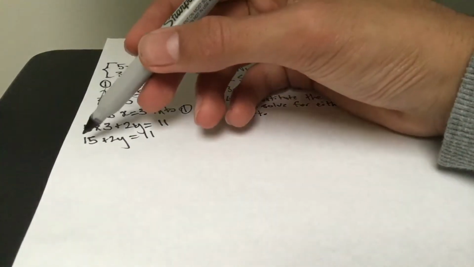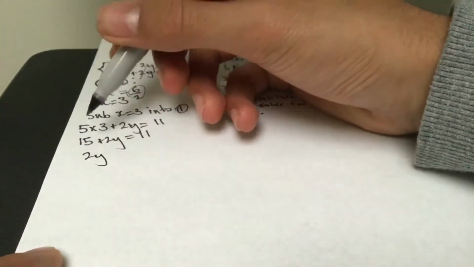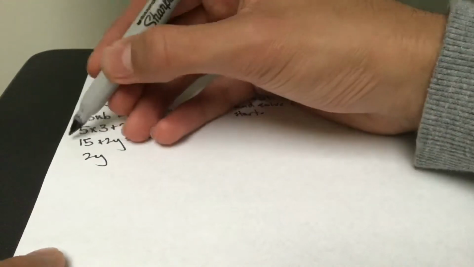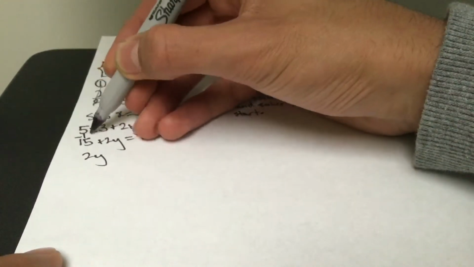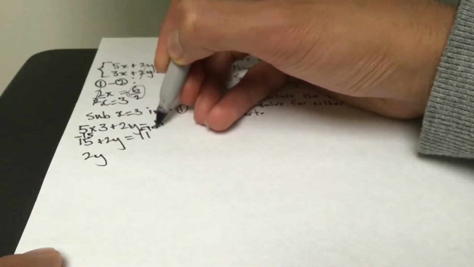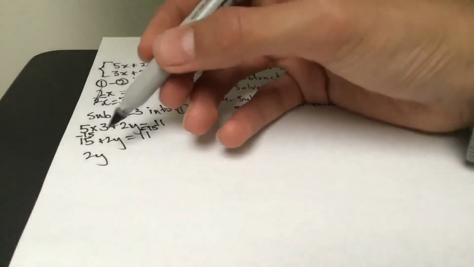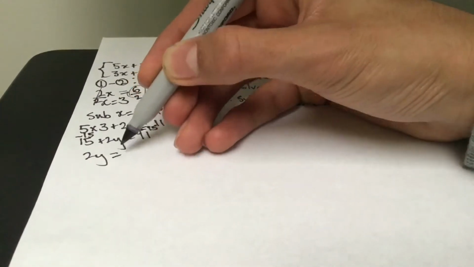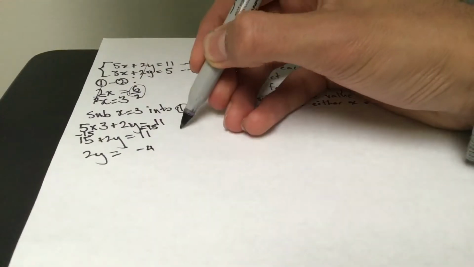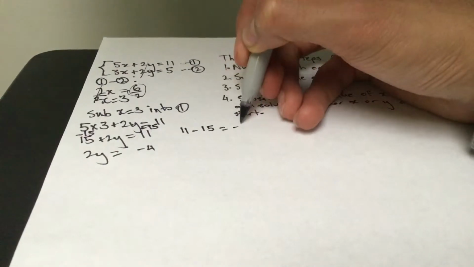So now we need to bring 15 to the other side. So we're going to go minus 15 and minus 15. So now what we're left with is minus 4, as 11 minus 15 gives us minus 4.